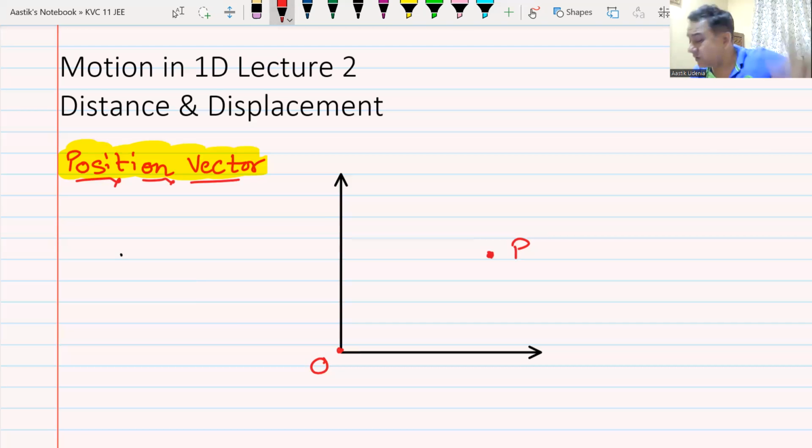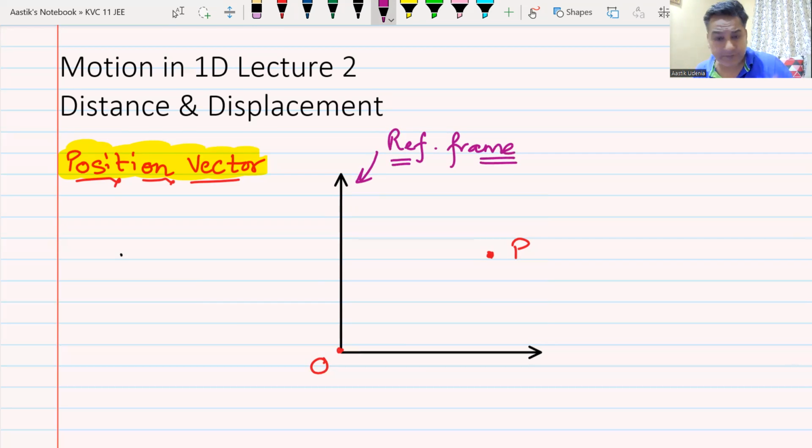To describe the position of any object, we need a reference frame. Do we remember this word, reference frame? X, Y, and Z axis. In that reference frame, we have an origin.